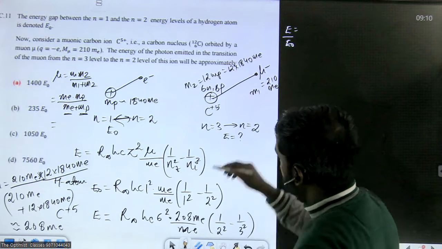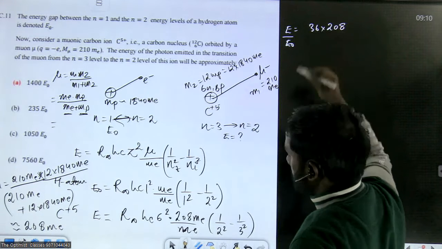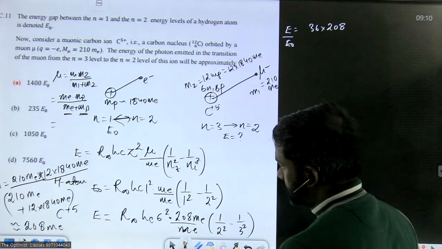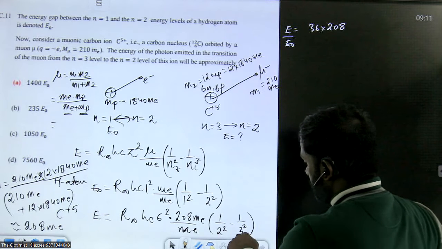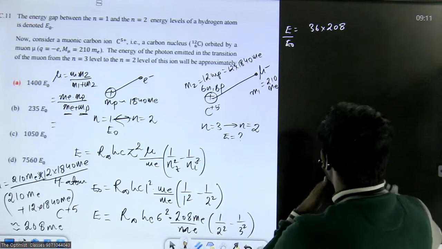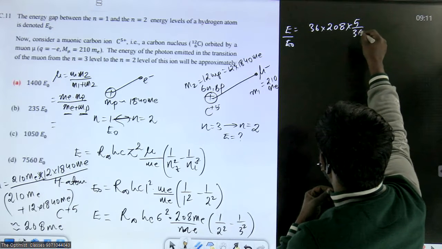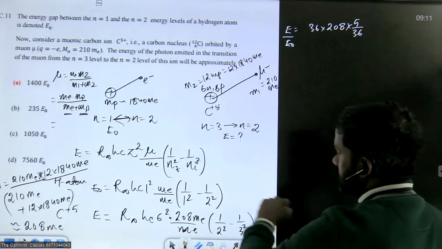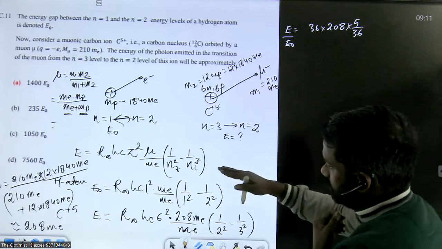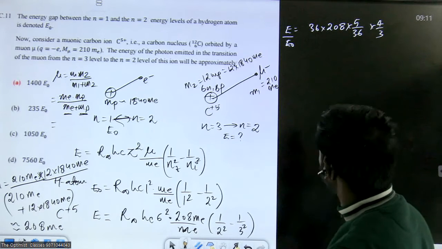Here you get 36 multiplied by 208, and from the bracket, 1 by 4 minus 1 by 9, you get 5 by 36. From the hydrogen side you get 1 minus 1 by 4, so 3 by 4. When you divide you get 4 by 3. I think that's what you are going to get.